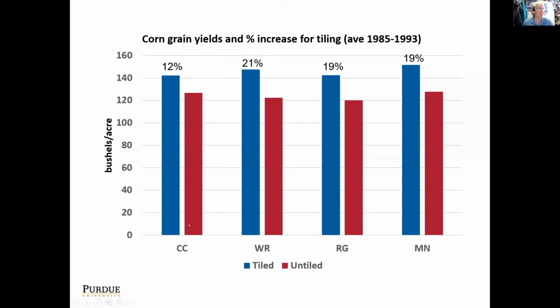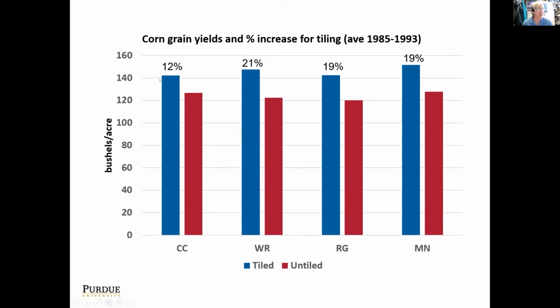So you can see that for the continuous corn, we had a 12% increase in yield where we had tile versus where we did not have tile. But for the conservation practices, we were more like a 20% increase in the yield compared to the untiled. So the tile is helping us reap those conservation benefits.